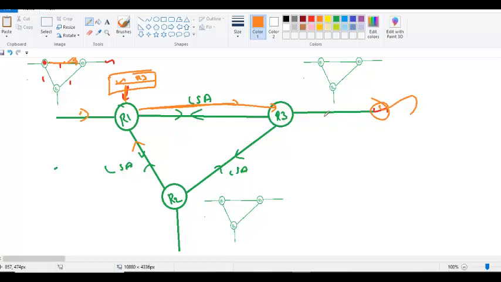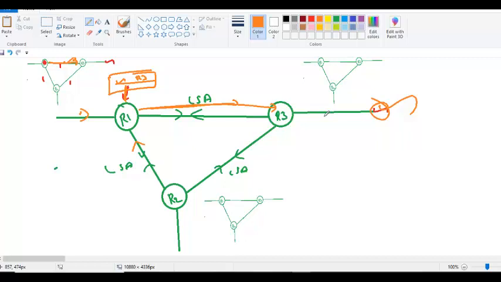So it is this database that gives the knowledge of topology, that gives every router an understanding of which network is connected where and what is the best path, the shortest path.